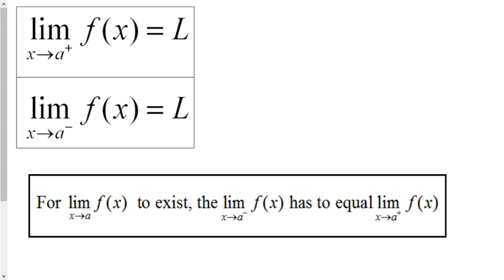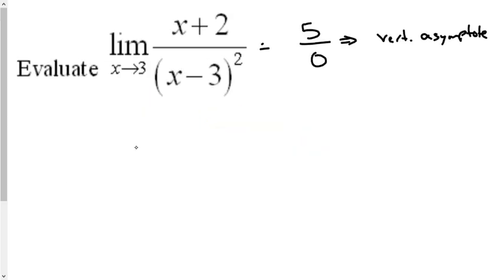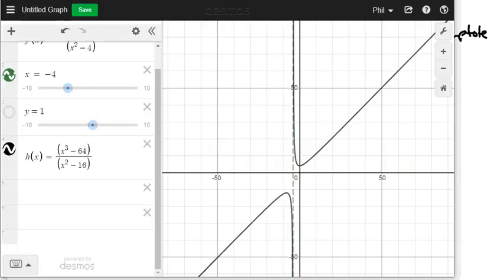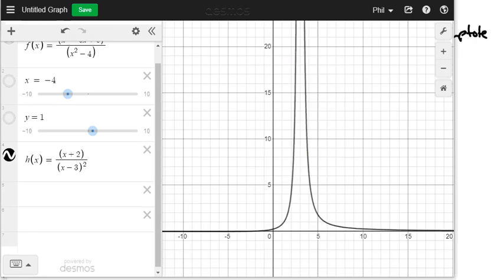So if we go back to our problem and graph this, let's go ahead and clear this out. All right, so we've got our function put on here. And if we look at our line, x equals 3, that's going to be right here. That's where our asymptote's going to be.